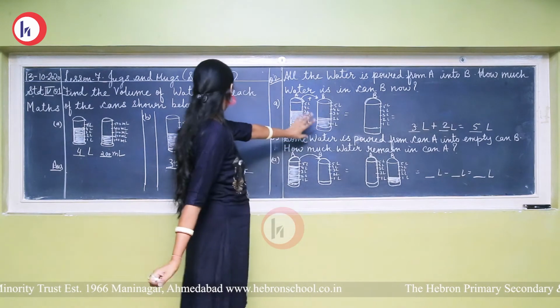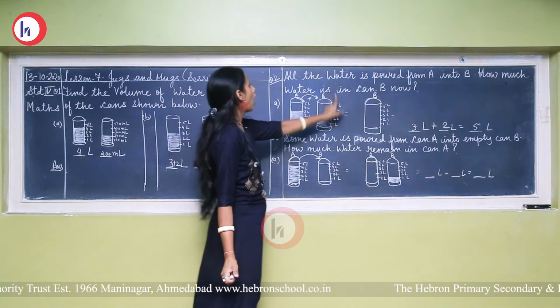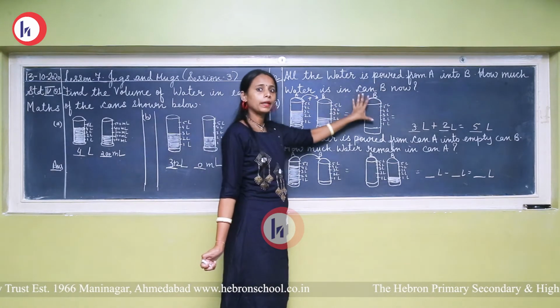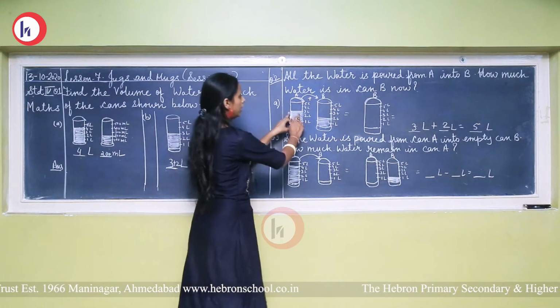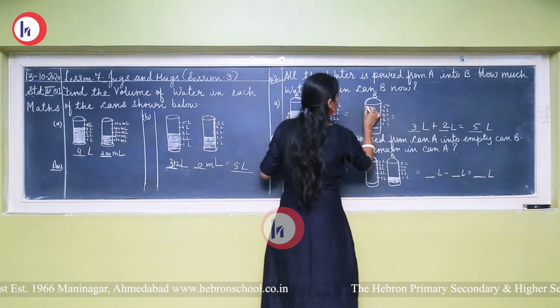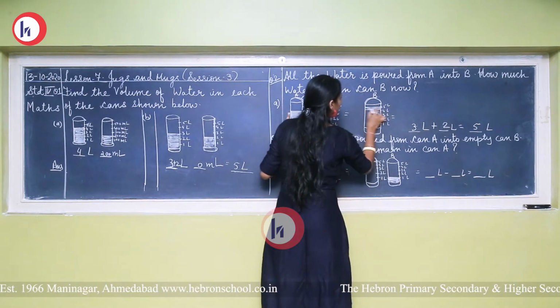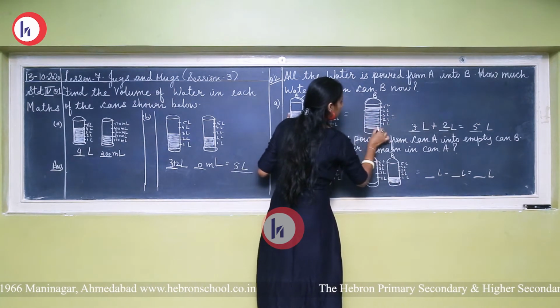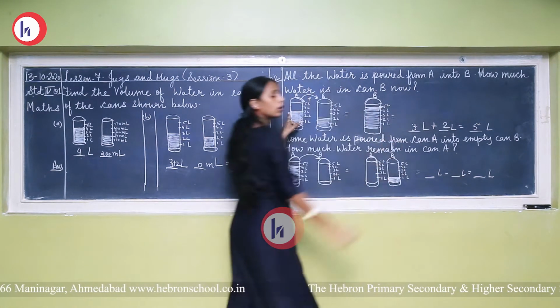Okay, now see how much water is in can B now. Can B में कितना water अब रहेगा? So 3 plus 2, 5 liter. So we have to show the water level on can B. It will be pointing on 5 liter.